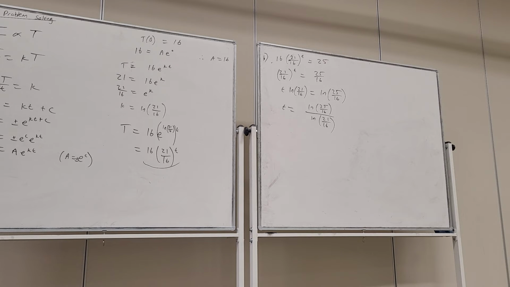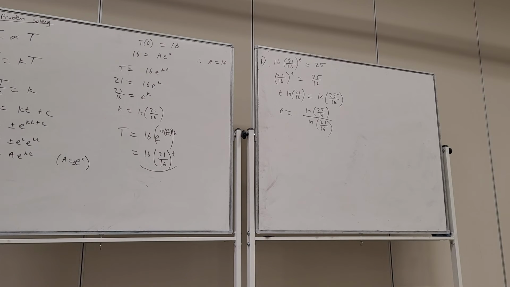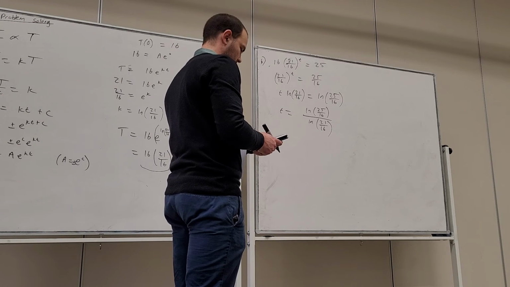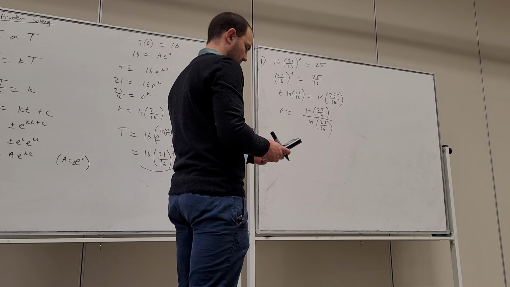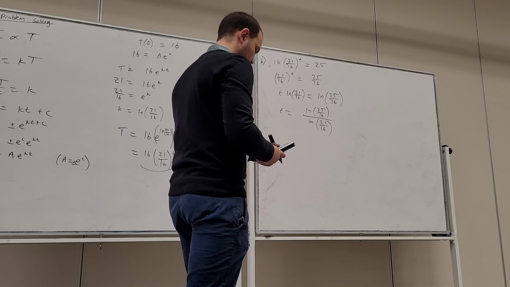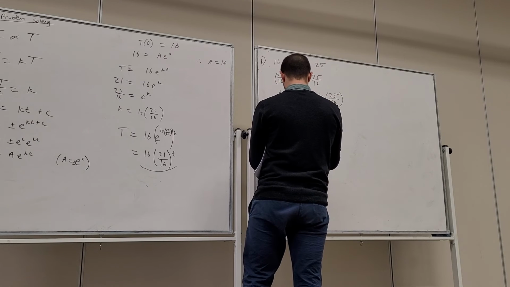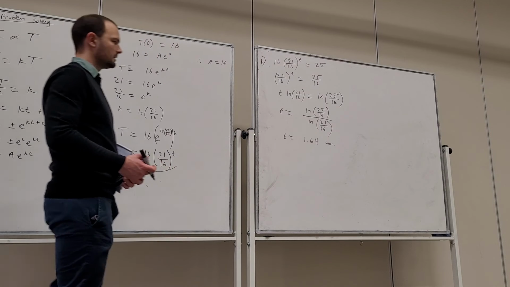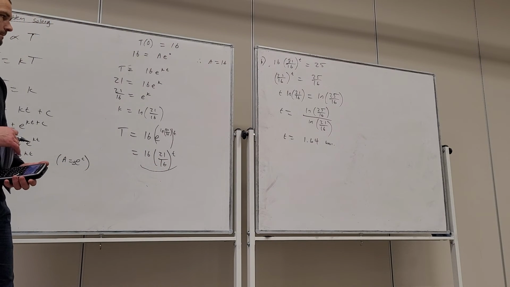Alright, but that's logarithmic operations. We've been doing them since sort of Year 11, so we're familiar with that. So we've got ln of 25 on 16, divided by ln 21 on 16. That's right. 1.64 hours. Alright, so you have that heater on for 1.64 hours, and the room will be 25 degrees.